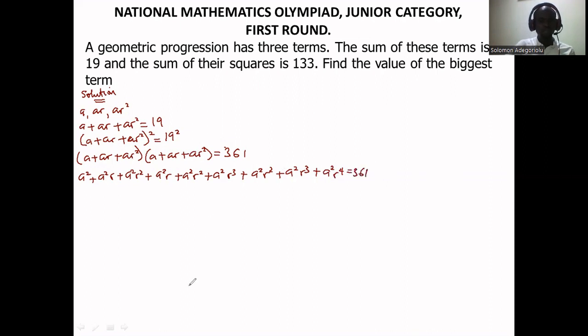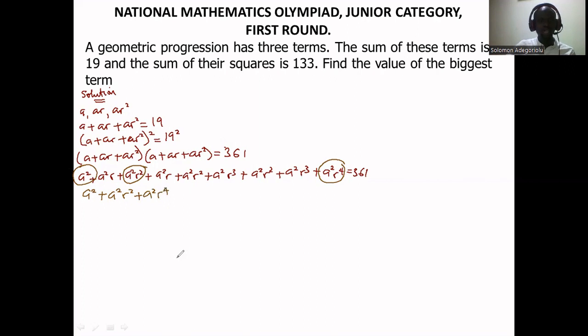All right, I want to do something from this part now. I want to pick this A squared, pick A squared R squared, and also pick A squared R raised to power 4. And this is going to be A squared plus A squared R squared, also plus A squared R raised to power 4.